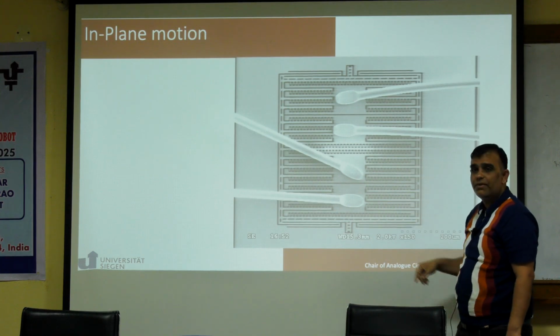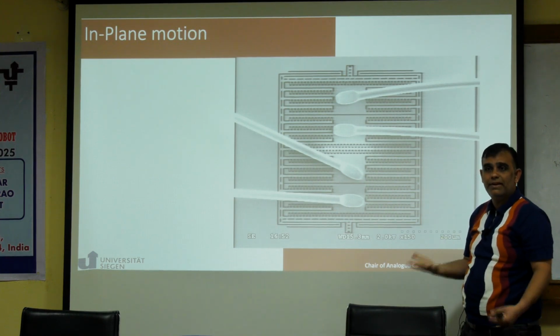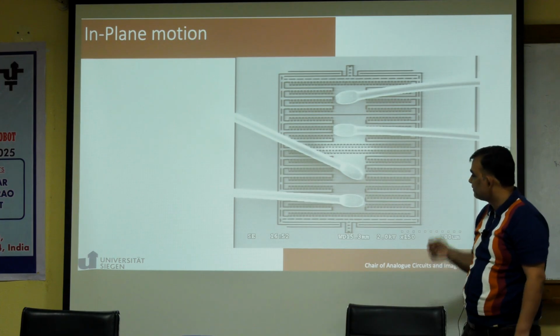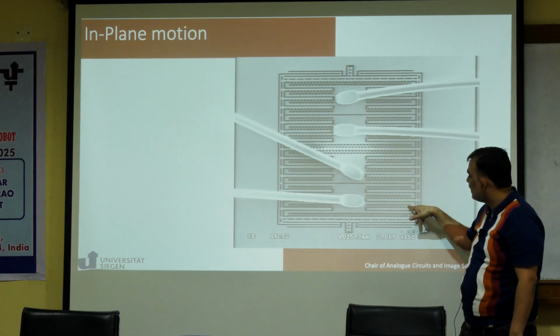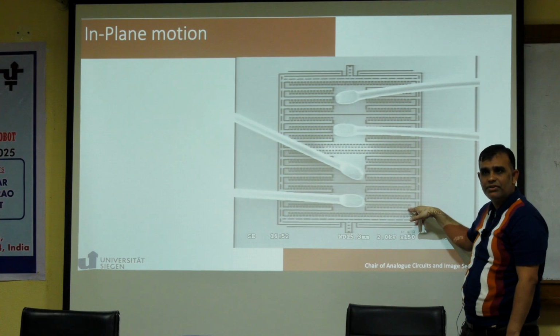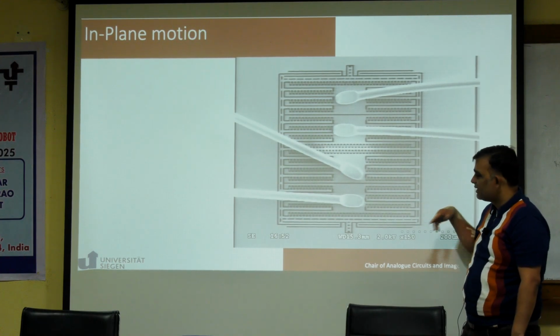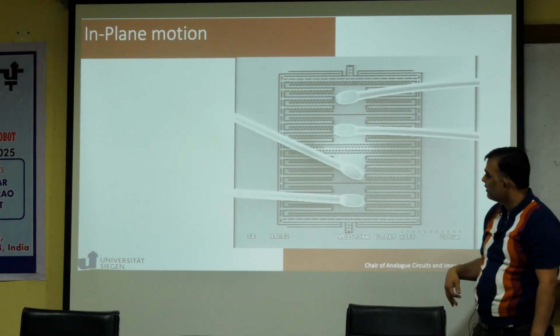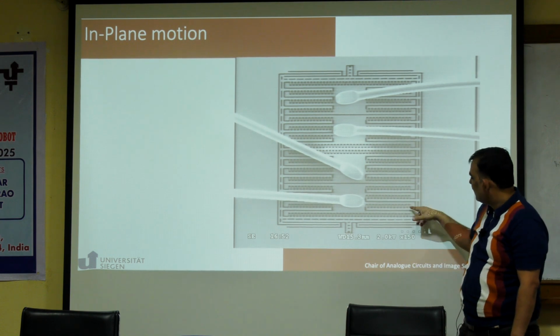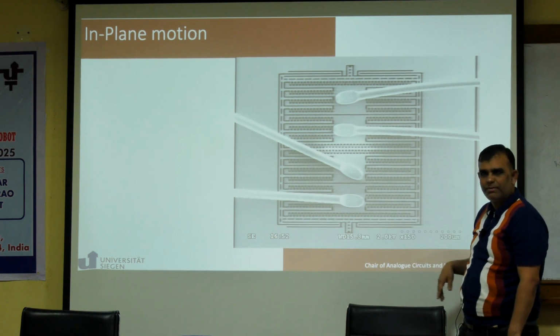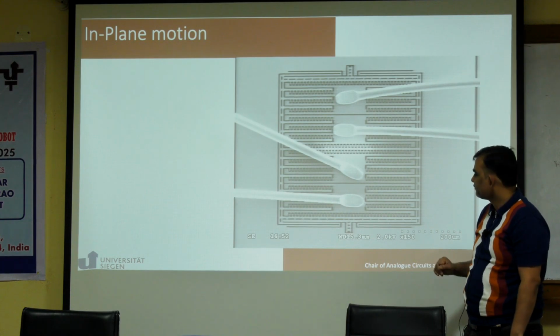We made so many sawtooth waveforms only to increase the amount of electrostatic force. Each one of these is about 2 micrometer in dimension, and they were made in Kinetic Foundry in UK, and the gap is of the order of about a micrometer. Okay?